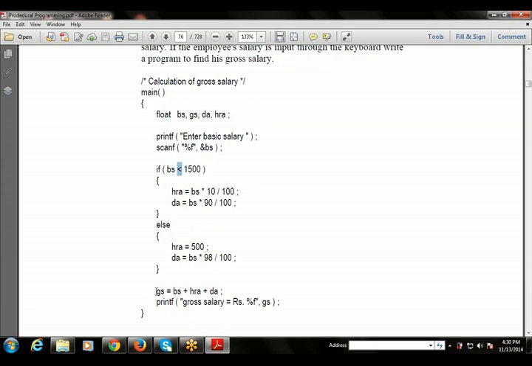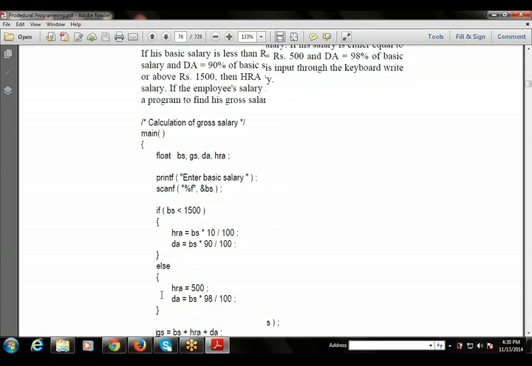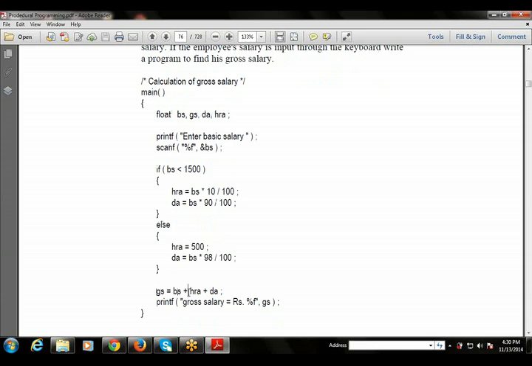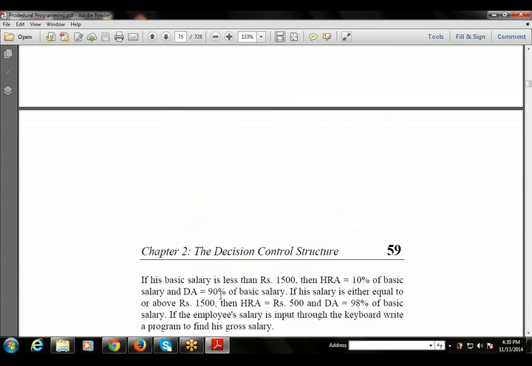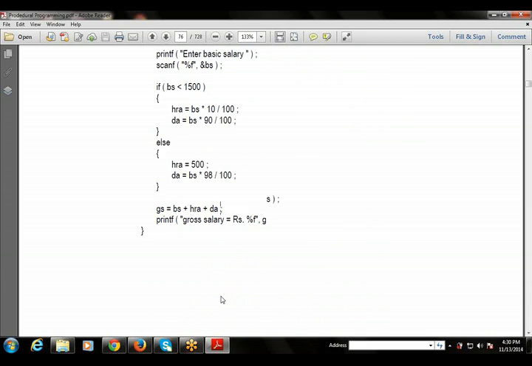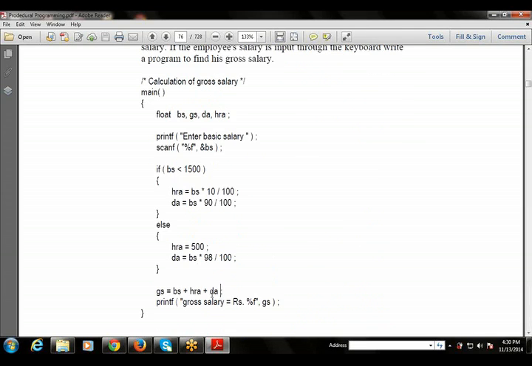Then we calculate the gross salary, that is basic salary plus HRA plus DA, and then print the gross salary. It uses the condition: if the basic salary is less than 1500, then use the HRA as 10% of the basic and DA as 90%.